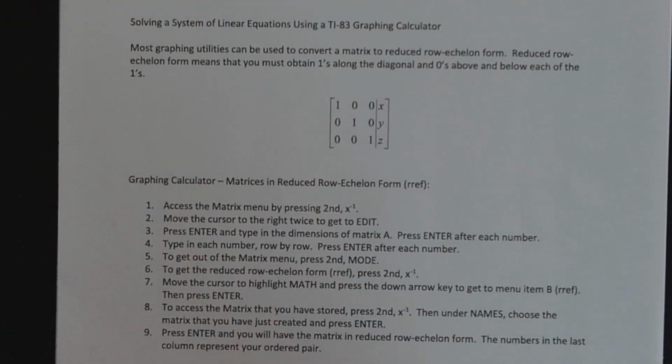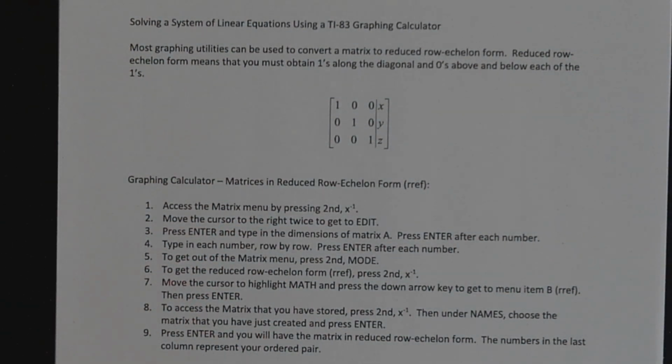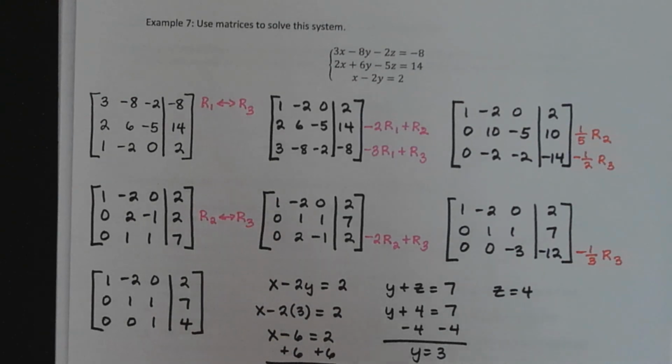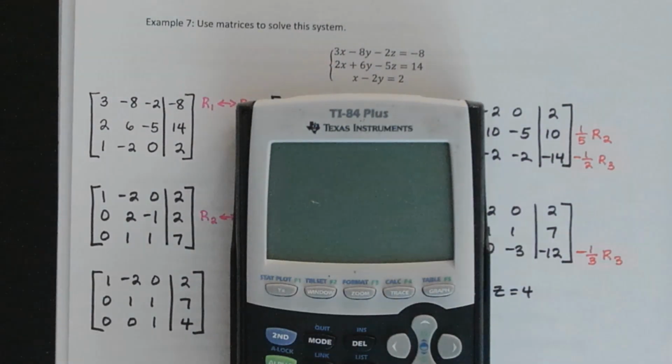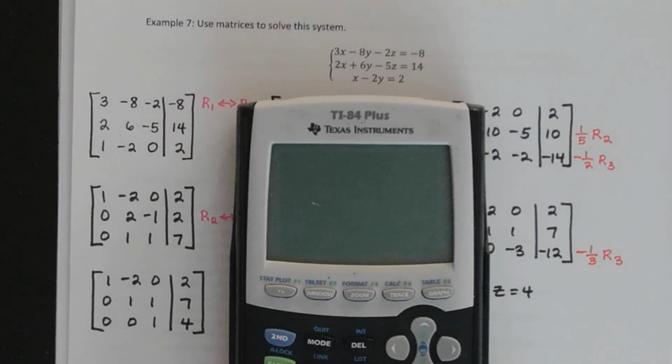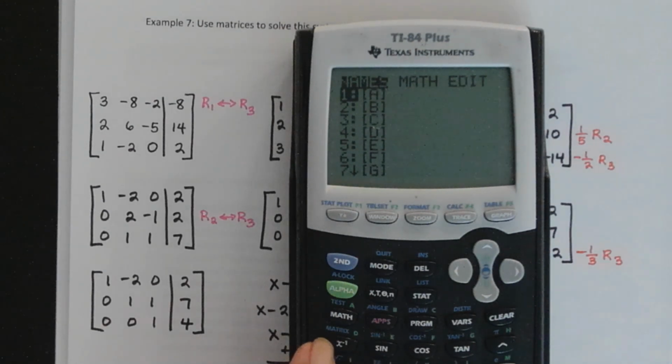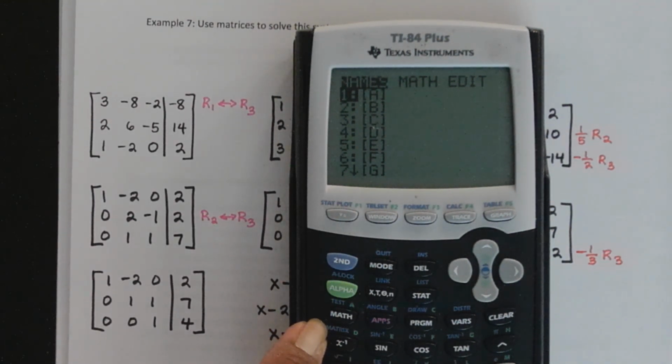And these are just the instructions on how to do this. But with that last example, let me go ahead and show you. First of all, the equation has to be in as an augmented matrix like I have here. In this case, we're going to do second, x to the negative 1, which is right here, and right above it is matrix.